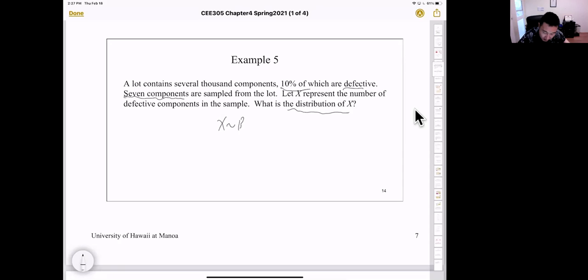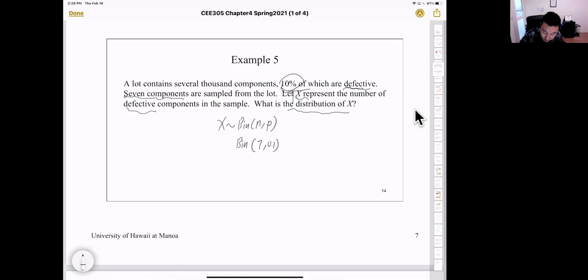So X follows binomial(n, p), where n is equal to 7, because we pick 7 samples from several thousand, and we know the sample size is less than 5% of the whole population. So it follows a binomial, and p here is equal to 0.1, because X represents the number of defective components, and the probability of being defective is 10%.